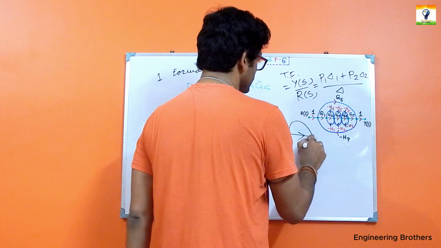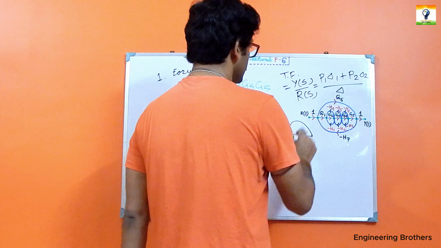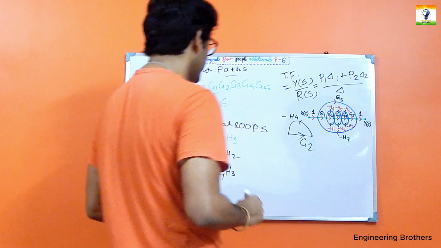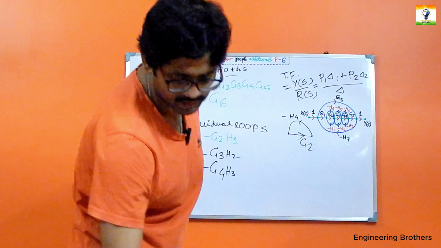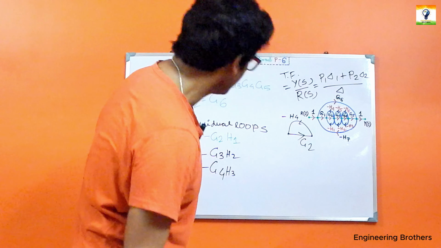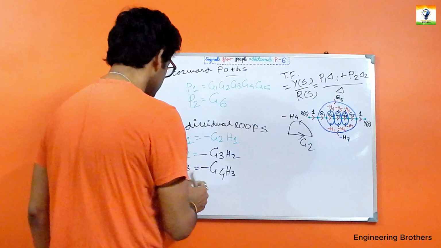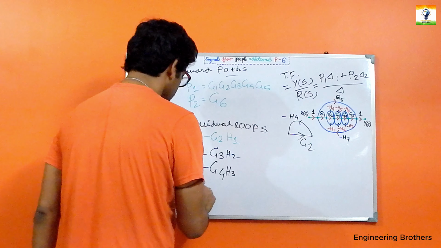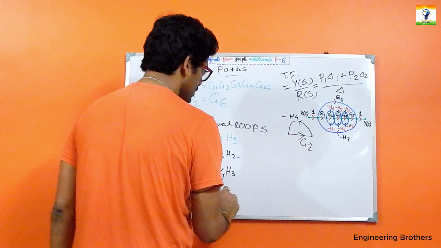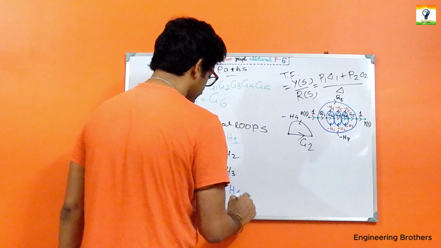Now clearly you can see that this one is our G2 and this one will be our minus H4, and what is the gain for that loop? The gain for that loop will be minus of G2 H4.